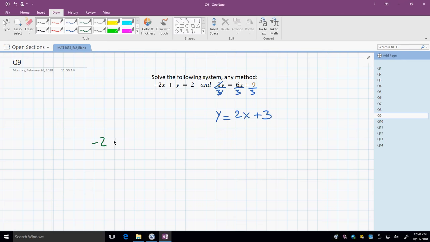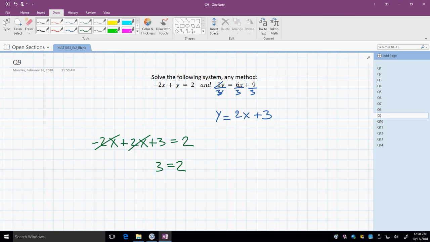So we have negative 2x plus whatever we have in here, which is 2x plus 3, equals 2. Now we're going to combine like terms. Negative 2x plus 2x is going to cancel. And we have 3 equals 2, which is not a solution. We don't have a solution here.